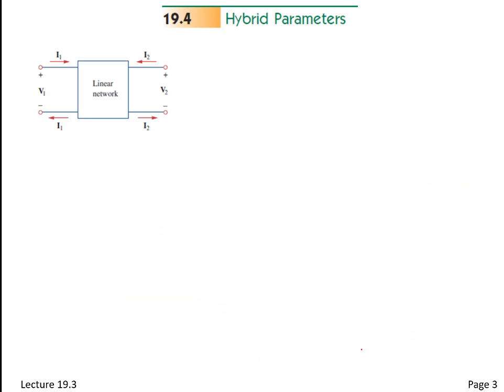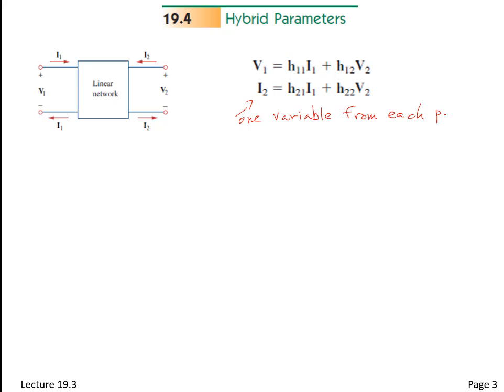All right, so let's go to our simple network, and we're going to define, or declare I'm going to call it, but define is what's happening, what's known as the hybrid parameters, V1 and I2. Notice on the left, the key thing is you have to pick one variable from each side, from each port.